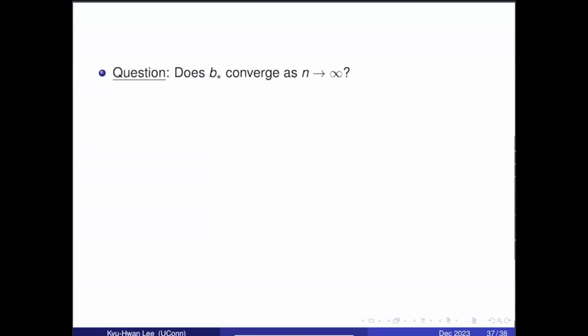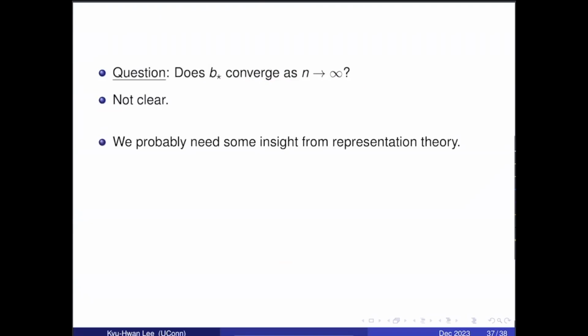But can we say that B star converges to some number when n goes to infinity? Then in the purely data scientific way, there is no possibility to answer the question. So this is the moment we need representation theory again. So far, if you think about my presentation, we have not used any representation theory. In the beginning, we defined the Kronecker coefficients.